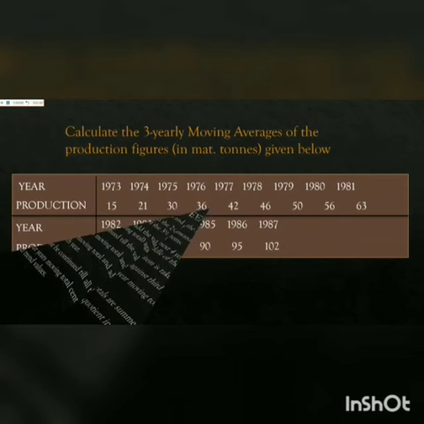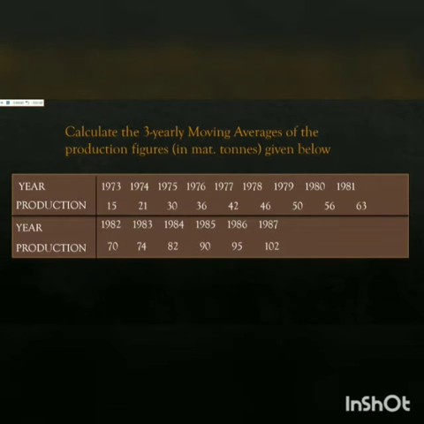Now, let us calculate the 3 yearly moving averages of the production figures given below. Here are given the years from 1973 to 1987 and the production for the respective years.